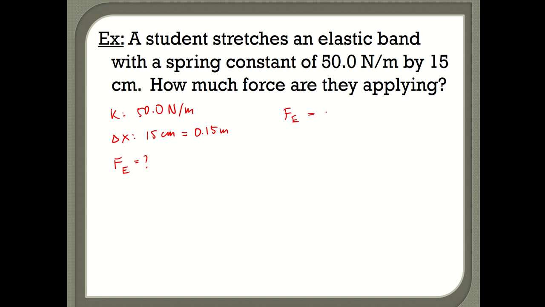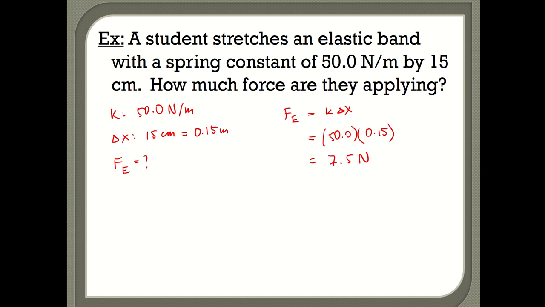Let's write the K first and then delta X. Plug in the values for our K, which is 50, and delta X, which is 0.15. So 50 times 0.15, we get 7.5. And the units should be newtons here when we're talking about forces.